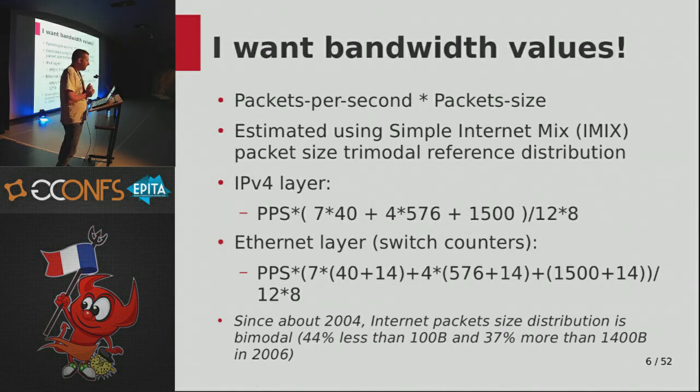So for simplification, long years ago, a standard distribution was chosen: for one big packet, you have 4 medium packets and 7 small ones. This is called a simple Ethernet IMIX. Using this distribution, from your packet rate, you can estimate the equivalent bandwidth rate using a standard reference.